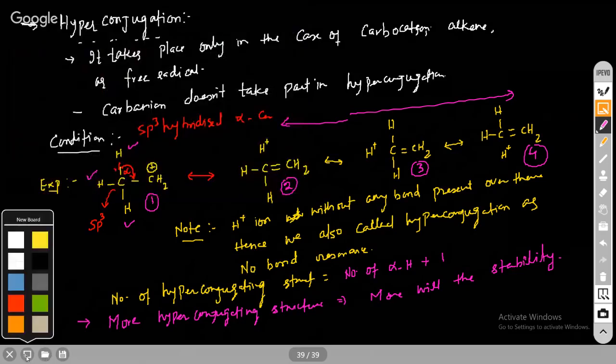Okay, on the basis of this, if I give you one question, you have to compare the stability of these molecules, the stability order. C positive with CH3, CH3 and CH3. This is a 3-degree carbocation.